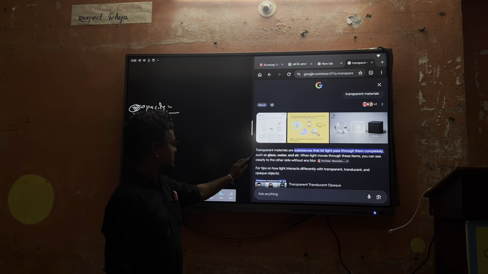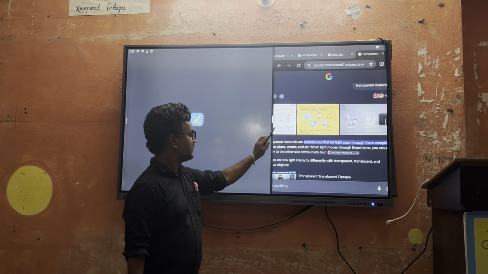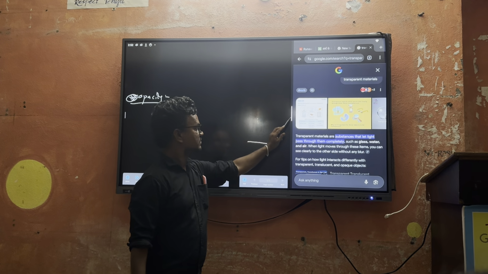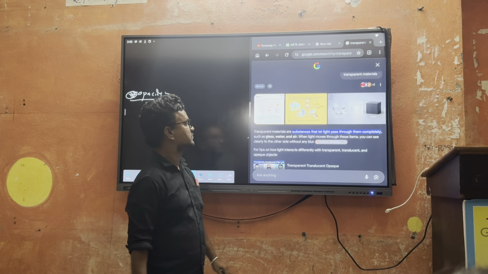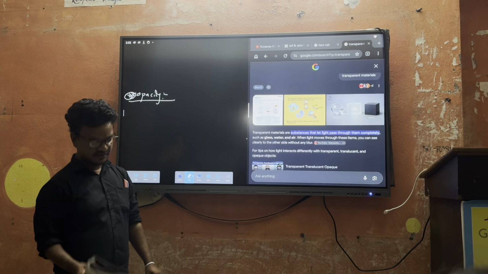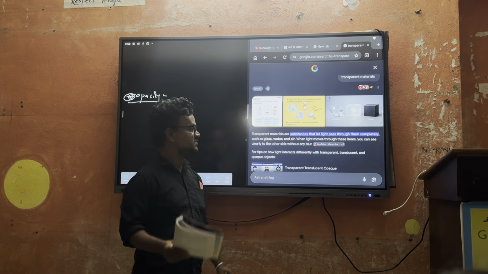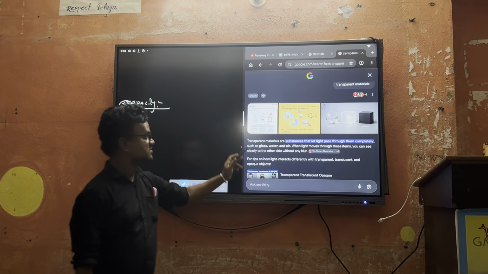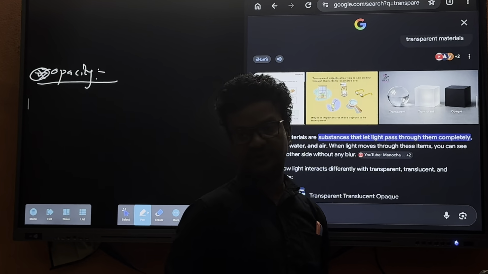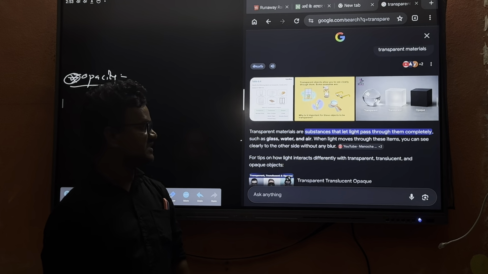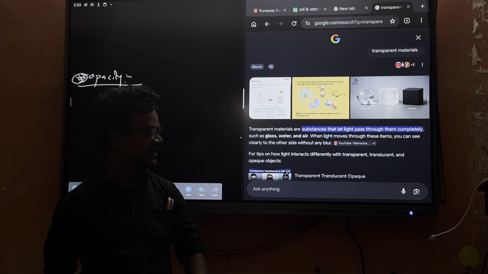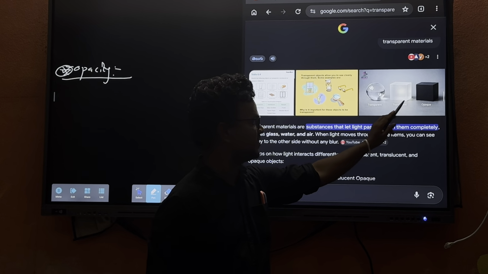Opacity is actually classified into 3 types: transparent, translucent, and opaque objects.